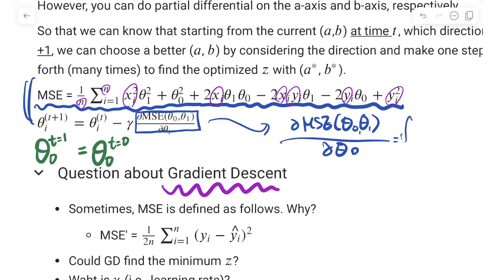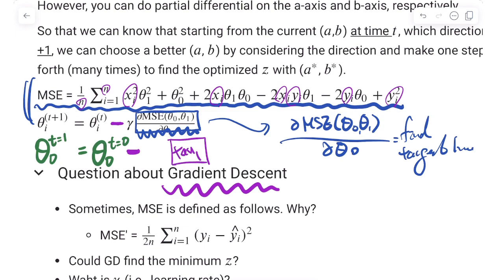That means finding the tangent line. So that is the direction of the tangent line. The minus right here means the opposite direction of the tangent line.